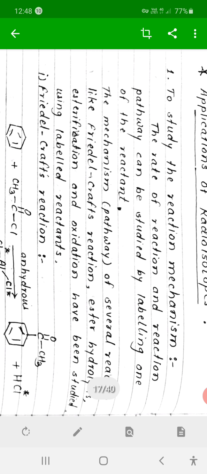In explanation, the rate of reaction and reaction mechanism can be studied by labeling one of the reactants.